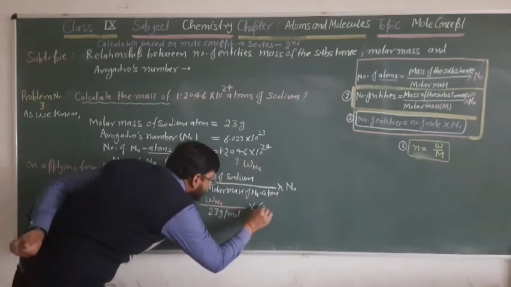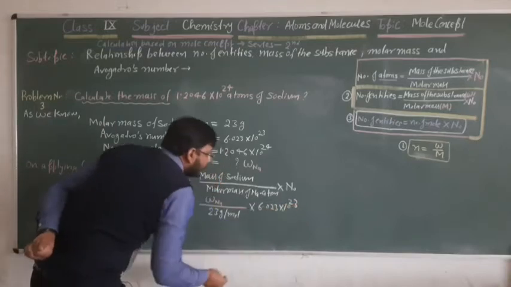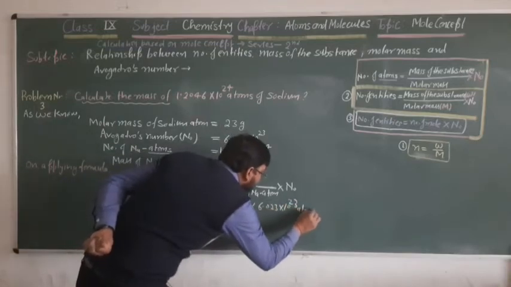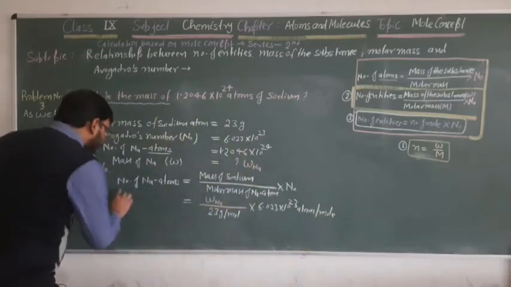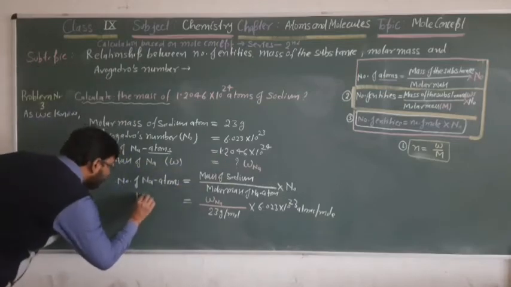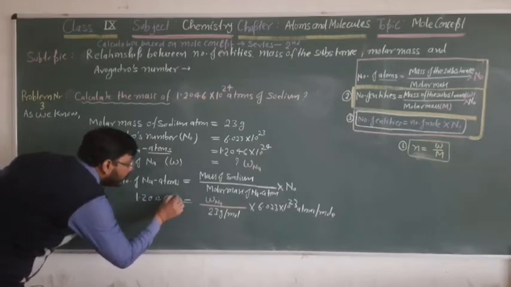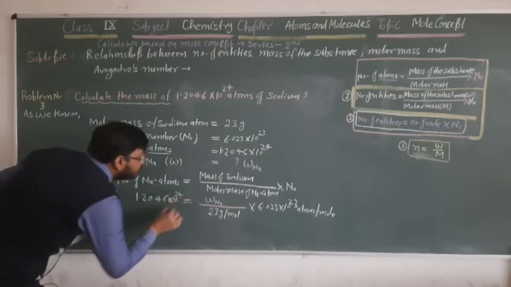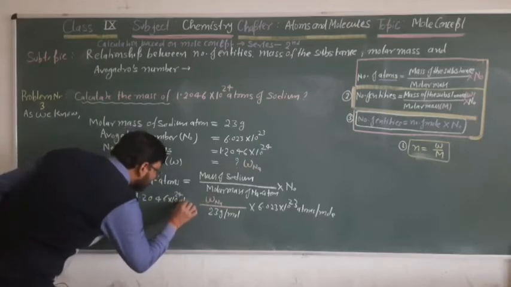Avogadro number 6.023 into 10 to the power 23 atoms per mole. Now the number of sodium atoms given is 1.2046 into 10 to the power 24 atoms.